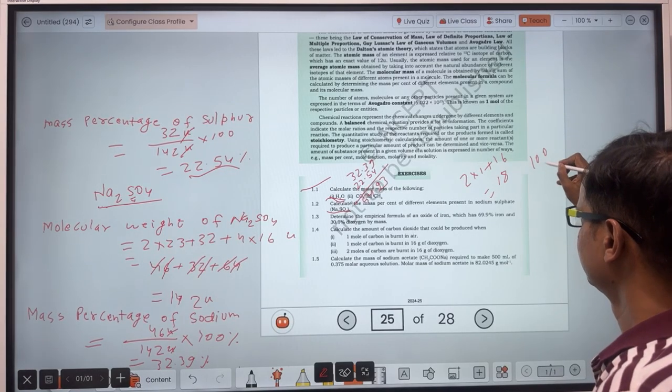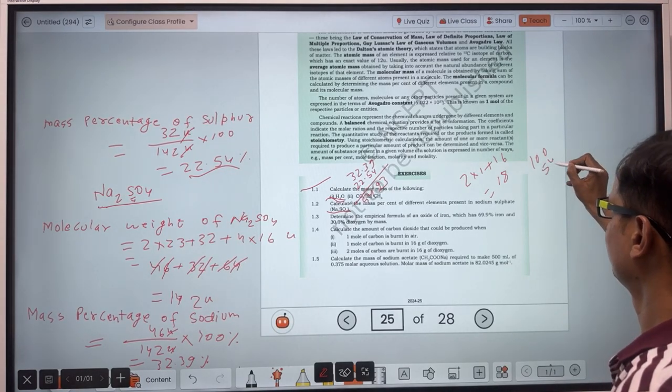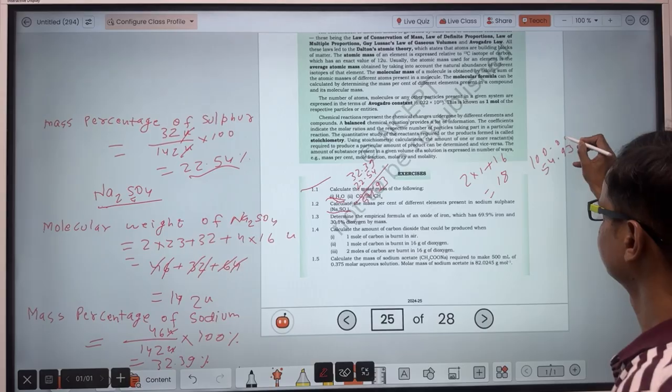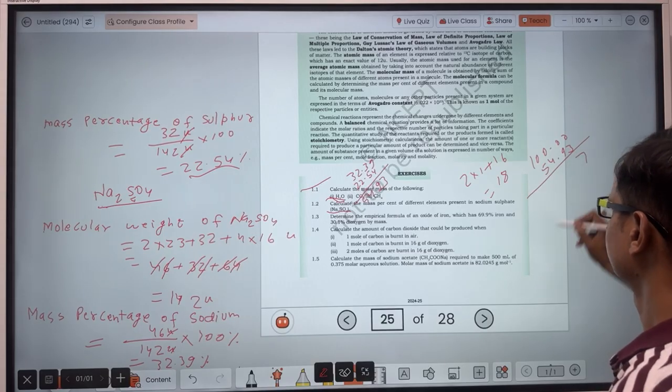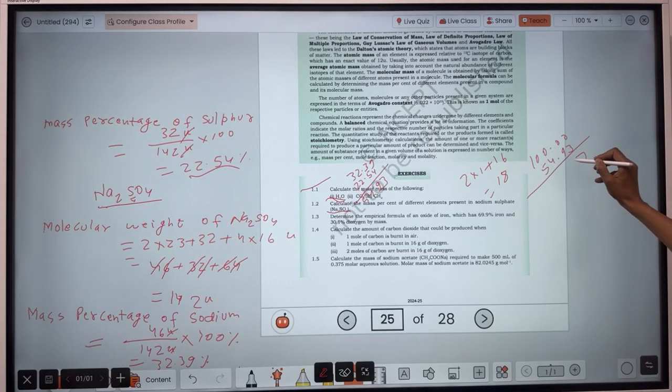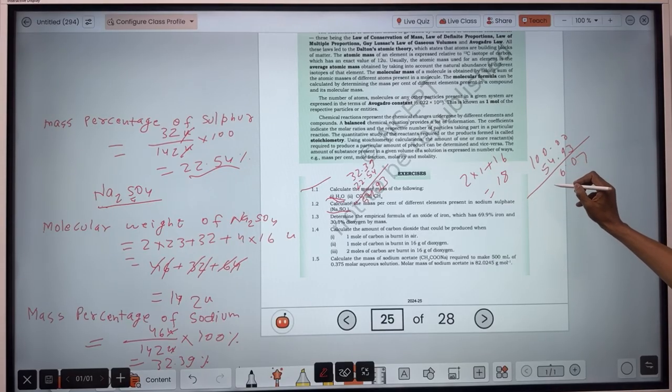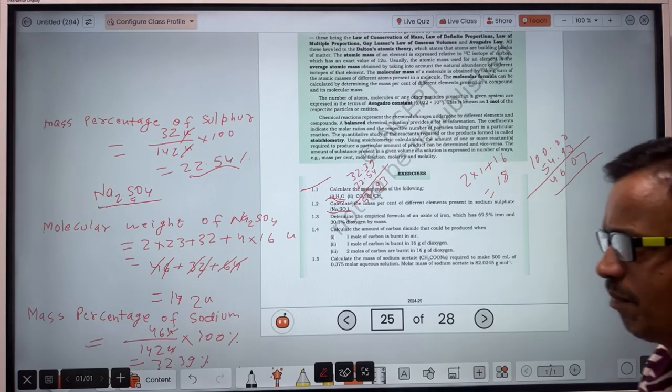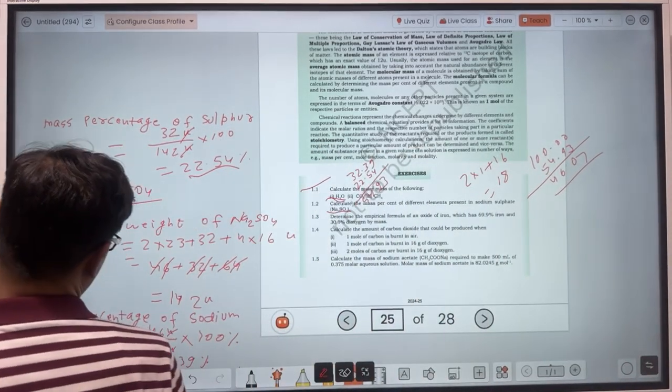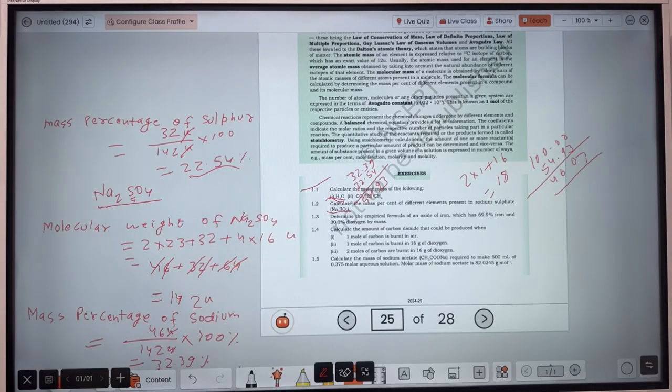So from 100 subtract 54.93. So 46.07. So mass percentage of oxygen will be 46.07. This one is calculated.